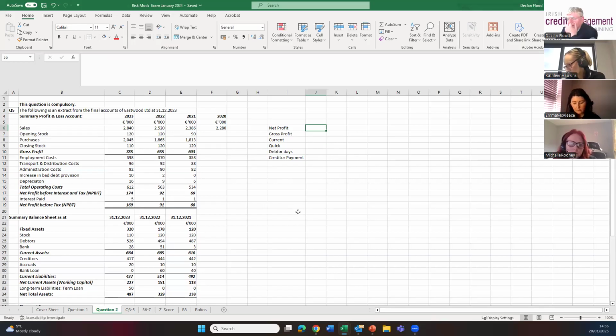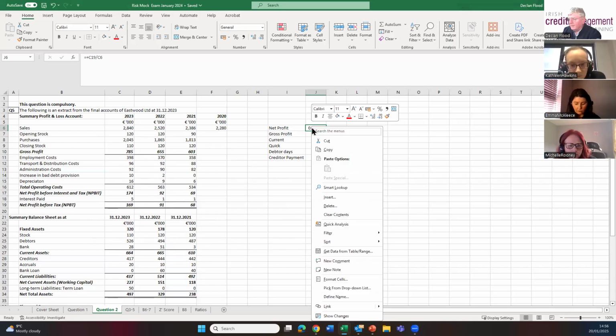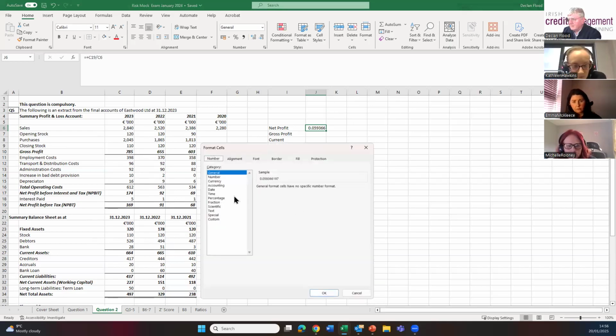I know that net profit is net profit divided by sales multiplied by 100. So I can do it here, net profit, and you can take either net profit figure as long as it's consistent, divided by sales. And there we go. Then I format the cells as percentages.